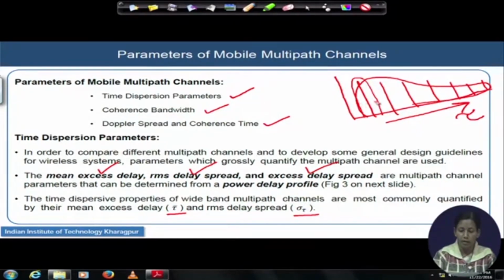And as this is a random phenomenon, the arrival of the multipaths is random, and how long they will keep on coming is also random. Hence we define these two parameters to understand the randomness associated with this multipath profile: one is the mean excess delay, another is the RMS delay spread.